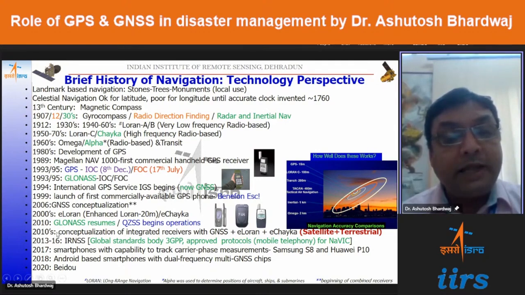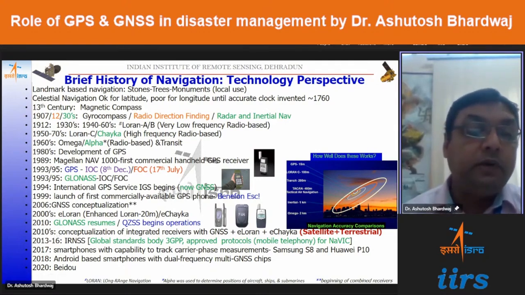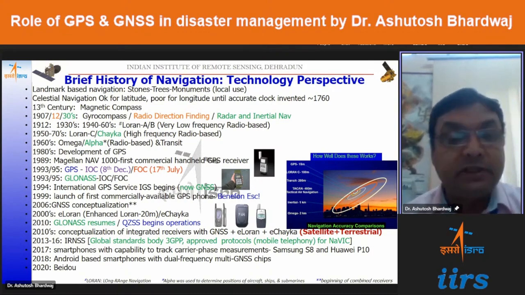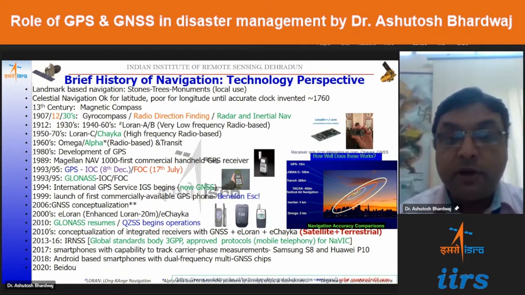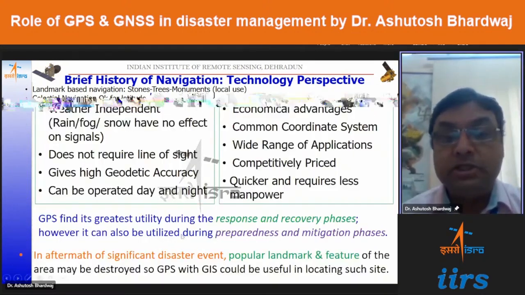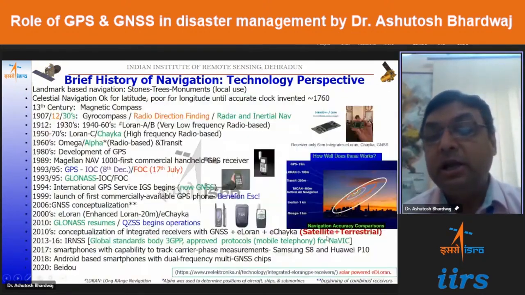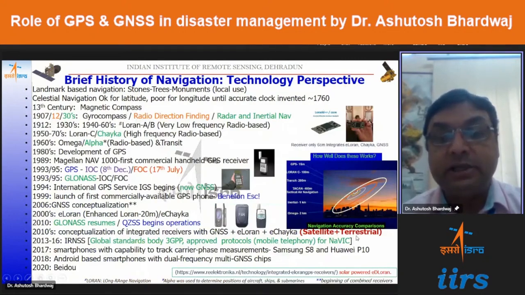Now, the time has come when we understood that we need satellite-based navigation systems and ground-based navigation systems also. So a company like Red Electronics brought out systems which integrate satellite-based as well as terrestrial-based navigation techniques.